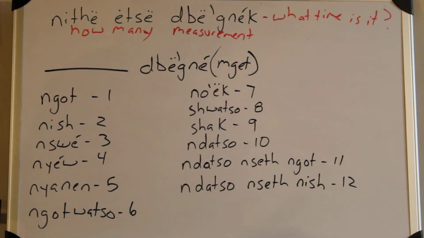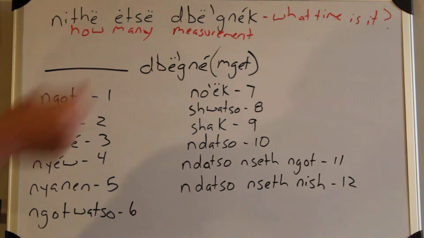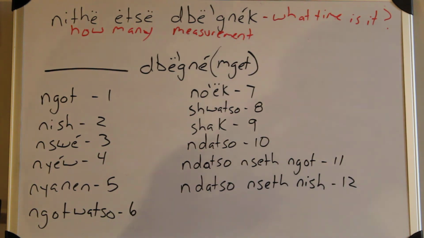Another way that you could use that is if you're measuring something with a tape measure. One person's got one end, you got the other end, and you ask them, Nija etsa debuganak, what's the measurement at? That is another way you could use that. But in this case, we're going to use it as what time is it? Nija etsa debuganek.